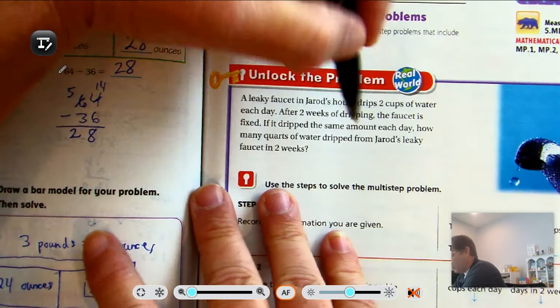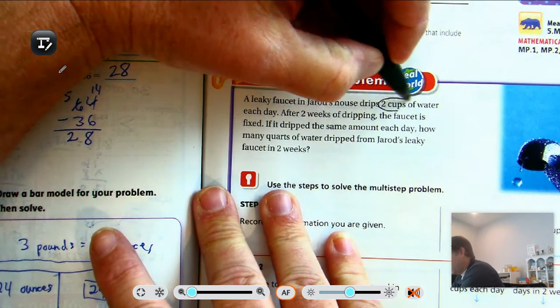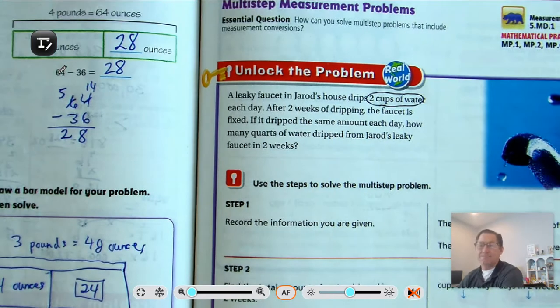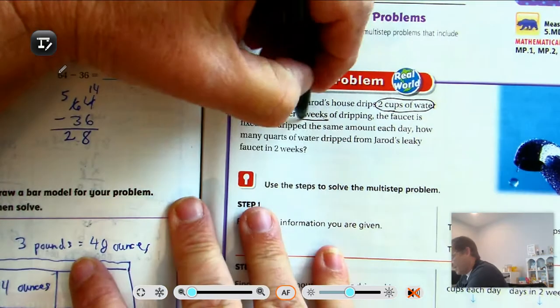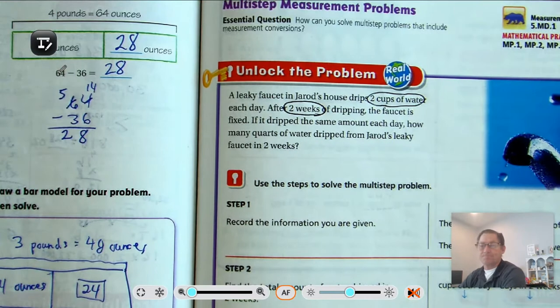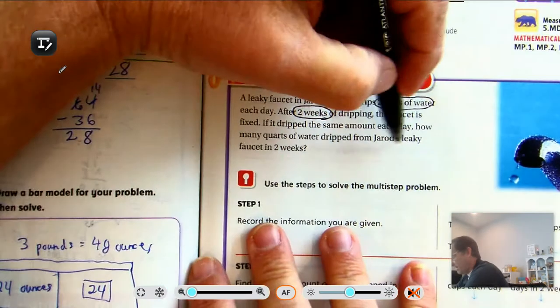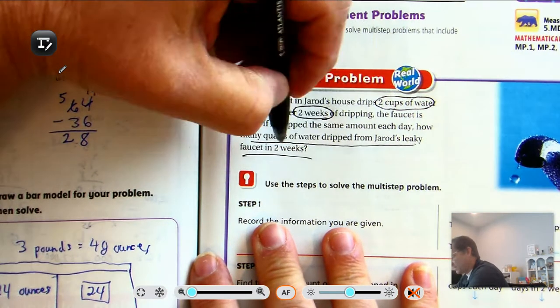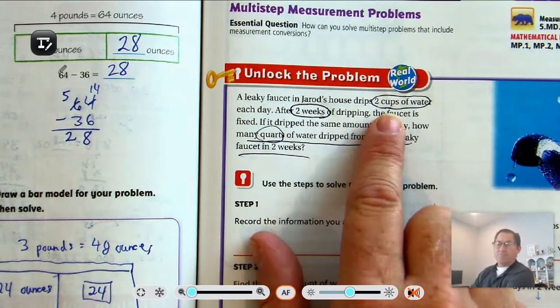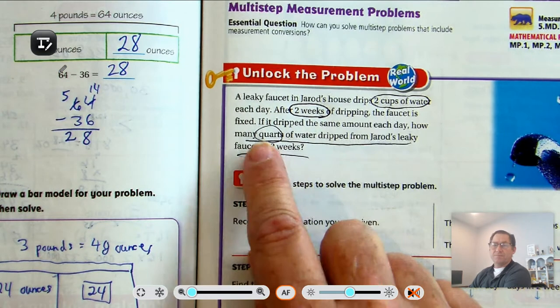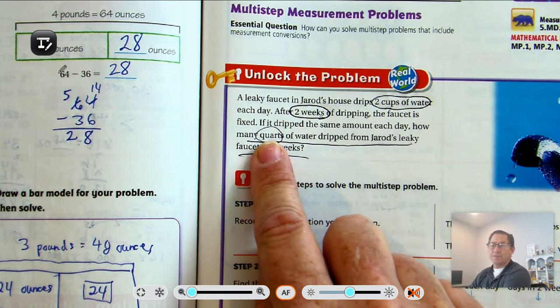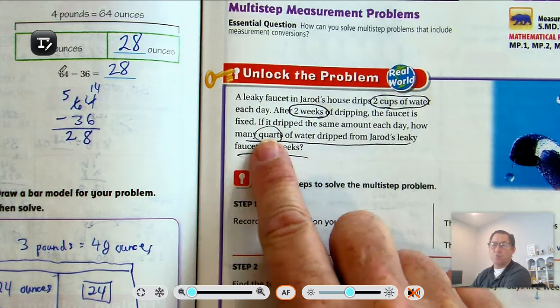Okay, so we know that it drips 2 cups of water per day, and that went on for 2 weeks. And we have to find out how many quarts. So we notice that we're measuring in cups, but the question wants us to answer in quarts. So we're going to have to convert from cups to quarts.